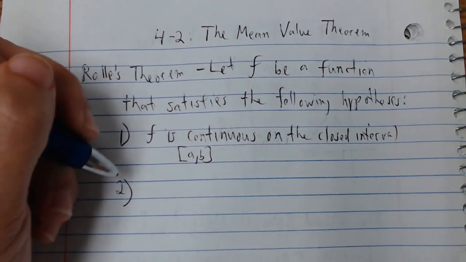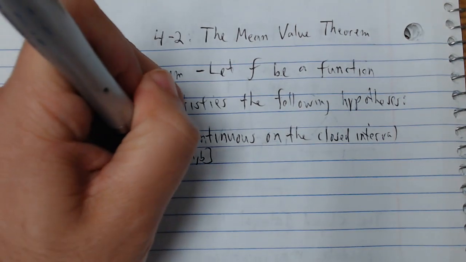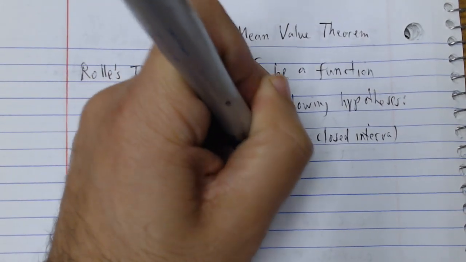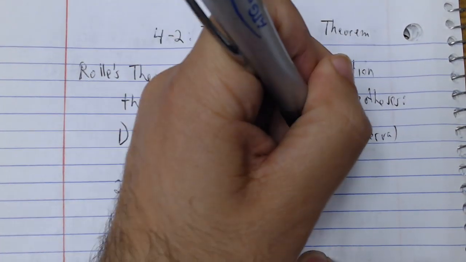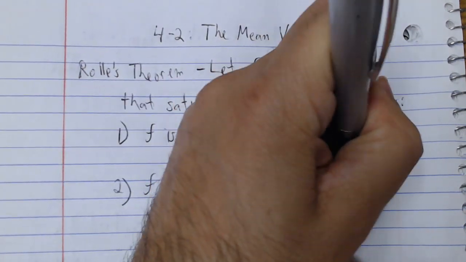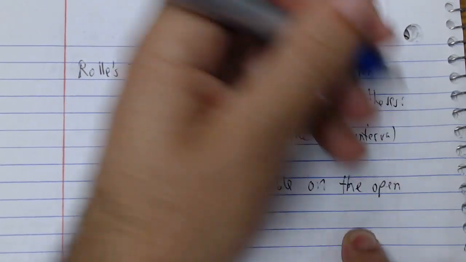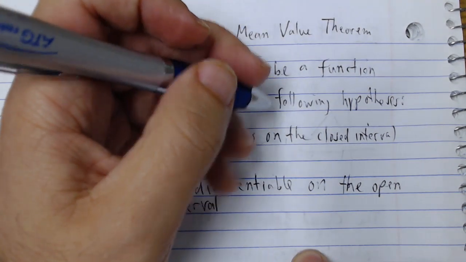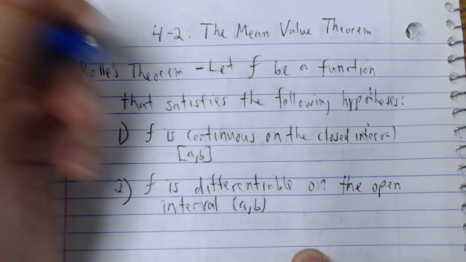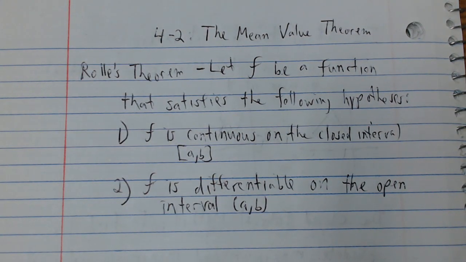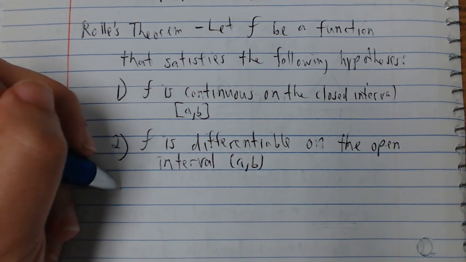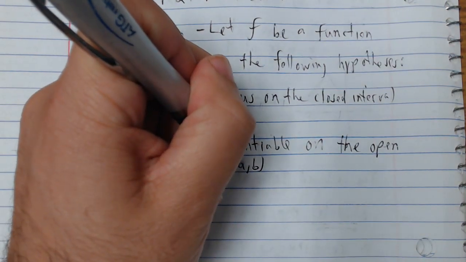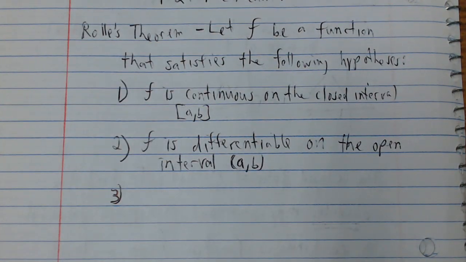And then the second condition is f is differentiable on the open interval from A to B. Okay, and what that does now is we're basically saying that, hey, I don't care if it's differentiable at A and B specifically, but as long as I'm in that interval from A to B, it's differentiable.